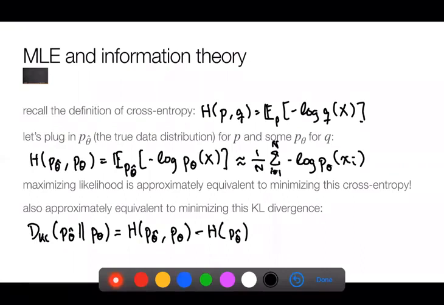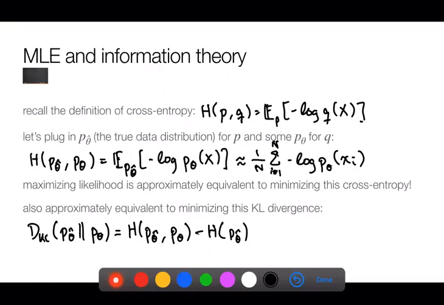Otherwise, it's positive, larger than 0. So KL divergence is a cleaner quantity to measure distance, even though it's not exactly a distance metric like we talked about. But intuitively, it has that meaning, where it's 0 if the distributions are the same, and positive otherwise.